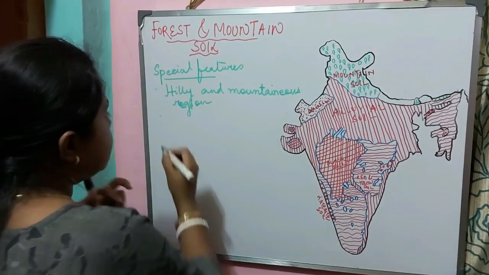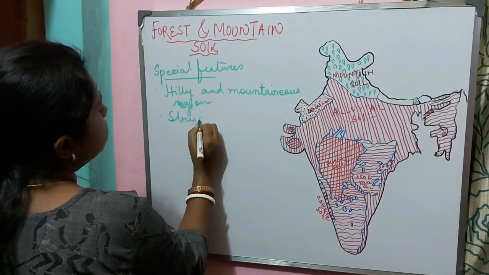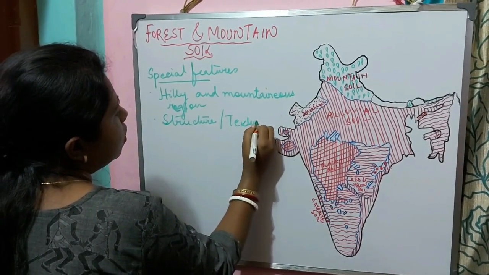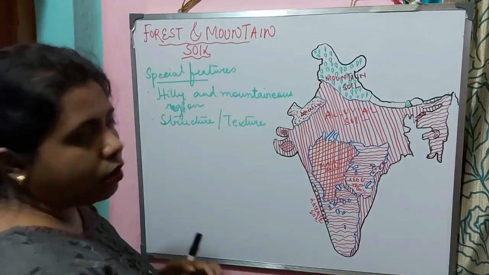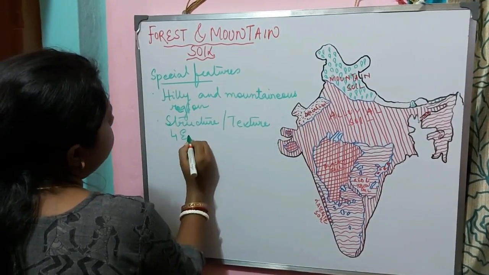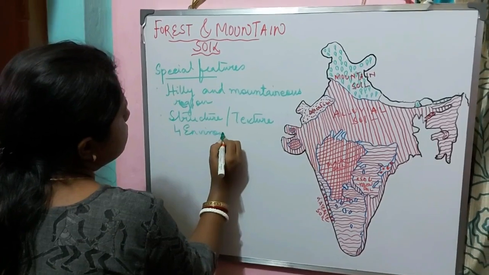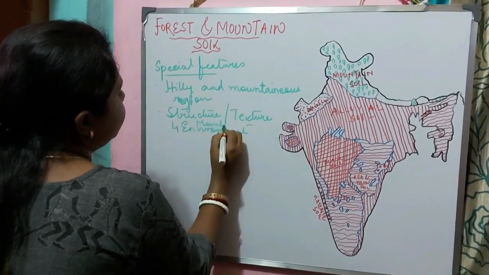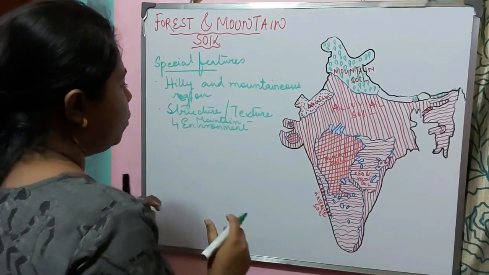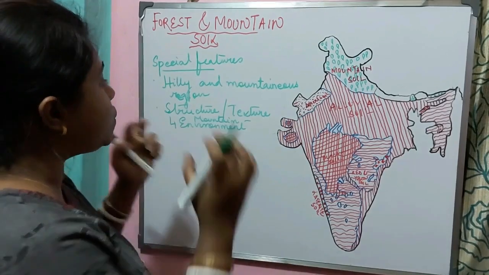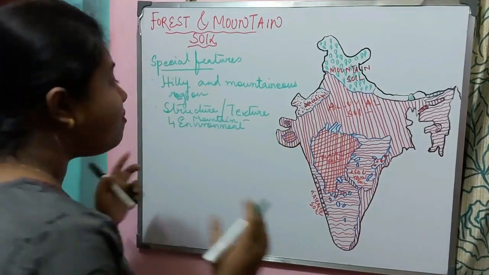Now the structure and the texture of the soil varies. Why does it vary? Because of the environment. That is the mountain environment where they are formed. So as the environment changes from one mountainous region to another, the structure and the texture of the soil also vary.